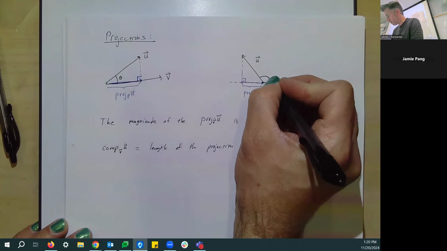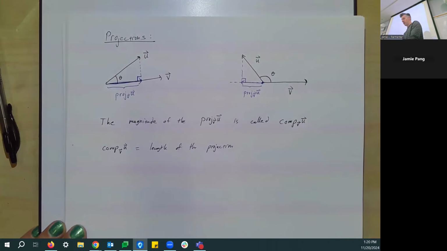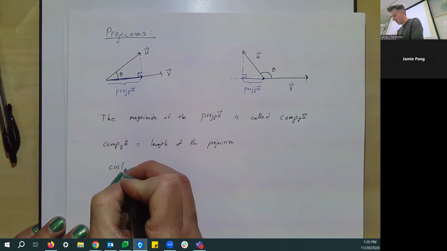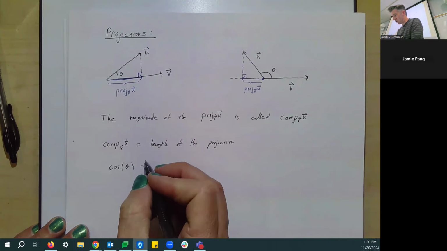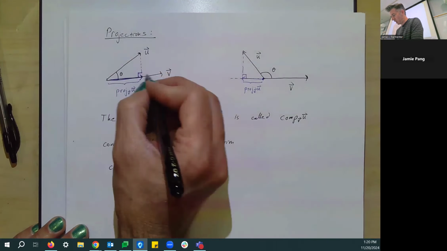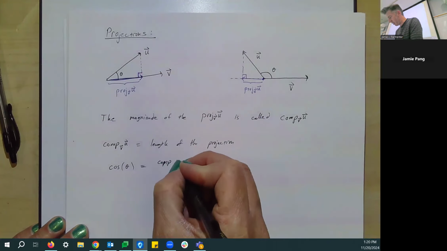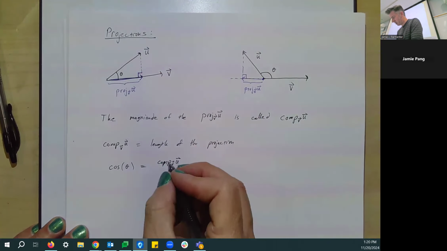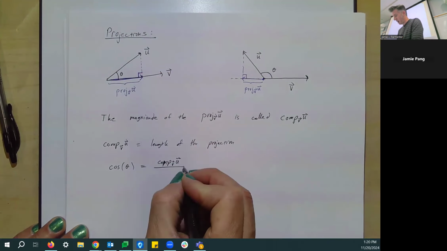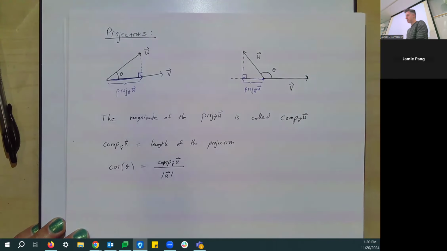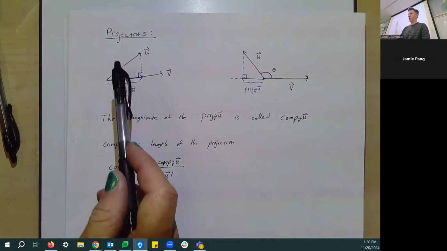I'm going to say that cosine of theta is equal to the length of the projection, aka the component, divided by the magnitude of u, aka the hypotenuse. So there's the cosine of theta, adjacent over hypotenuse. You feel like they could have come up with less cumbersome notation, but it's pretty gross.